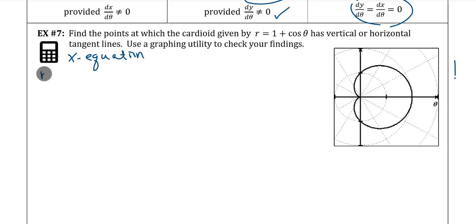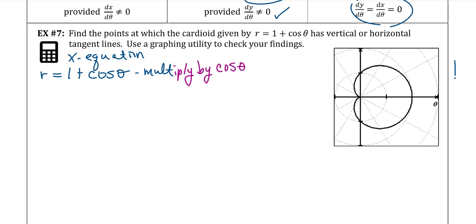We're going to use r equals 1 plus cosine theta, and multiply by cosine theta in order to create x. On this side, we have r cosine theta, which equals x, which equals cosine theta plus cosine squared theta.